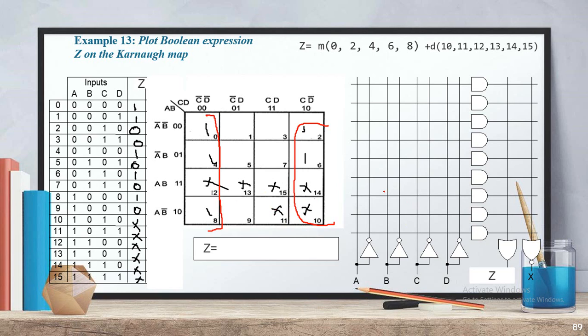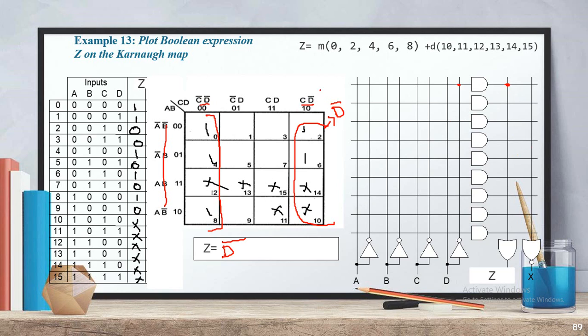Here all the rows are selected, so cancel this. In the columns, two things are selected, C bar D bar and C D bar. So D bar is common, and your answer is simply D bar. If you're doing the logic diagram, make it D bar and take Z here. This is how you can get the output of the LSB of the XS3.